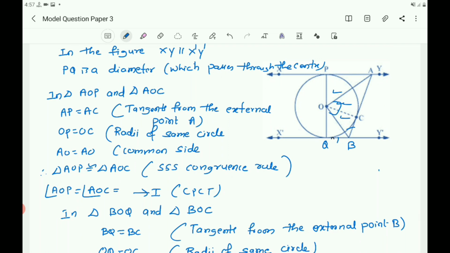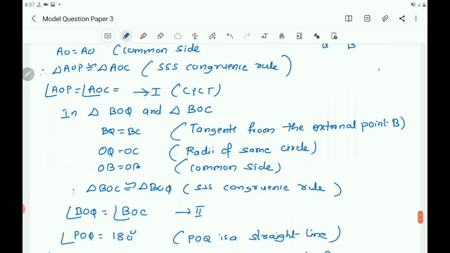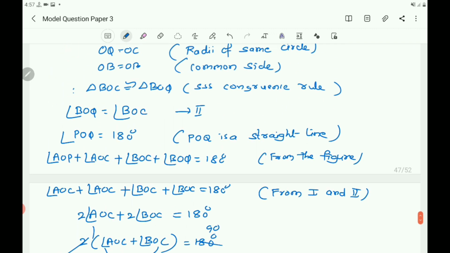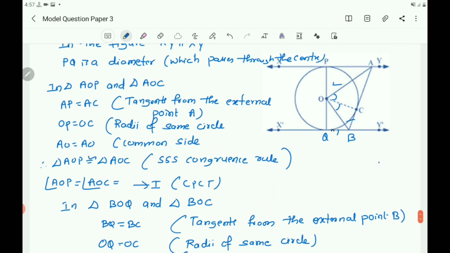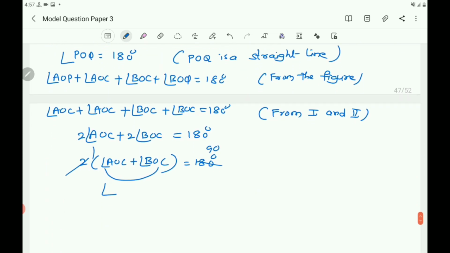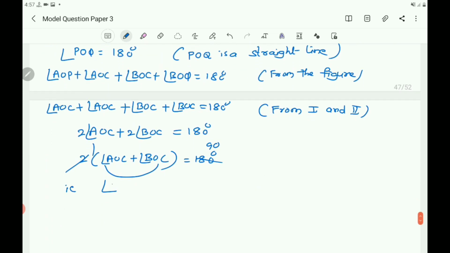Observe the figure here. Angle AOC plus angle BOC, you will get angle AOB. That is angle AOB equals 90 degrees. That is from the figure.